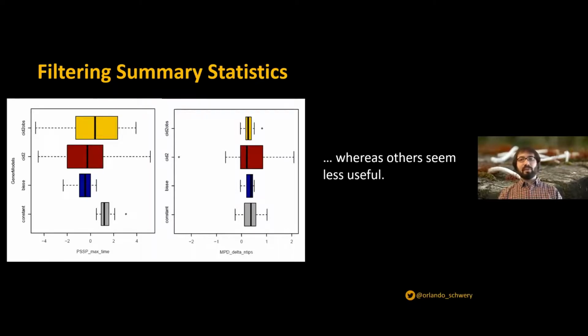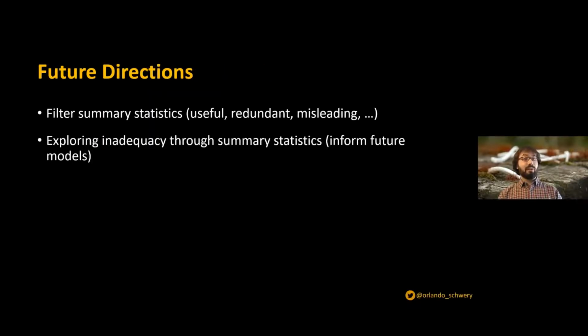And of course, some of them will be redundant and some of them will actually be downright misleading. Now, another thing, and that's what I find specifically intriguing about this approach, is that we could maybe use those summary statistics to inform ourselves on how exactly a model is not adequate for certain data. What about the data, what about the model is it that causes it?